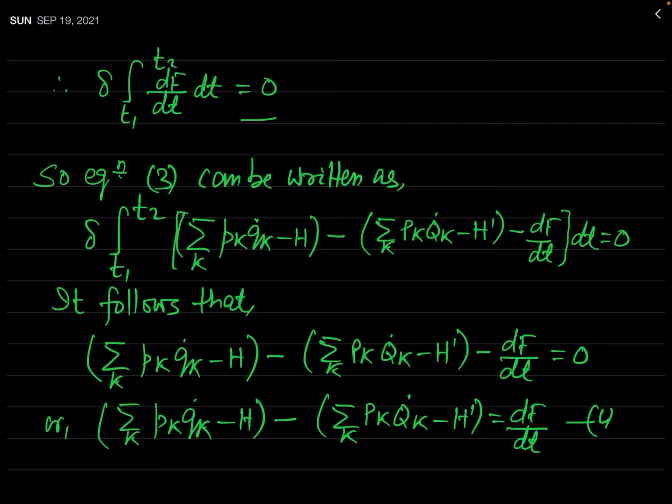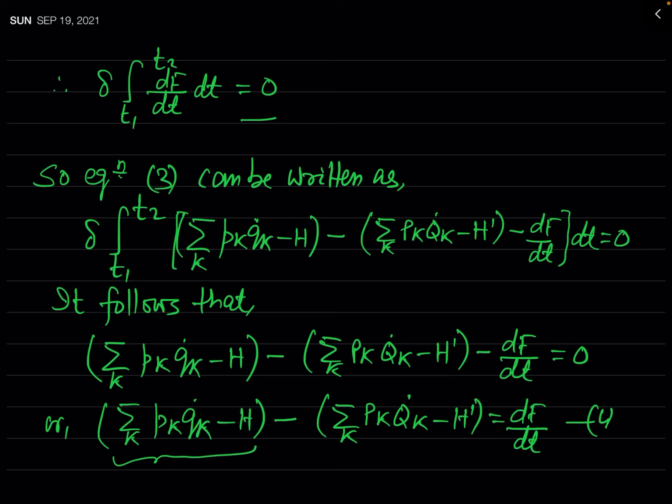Now, after getting this result, we can see the idea or the concept of generating function. Let us observe this equation 4 seriously. You can see in the first bracket of this equation 4, the variables are in fact qk, pk and t.